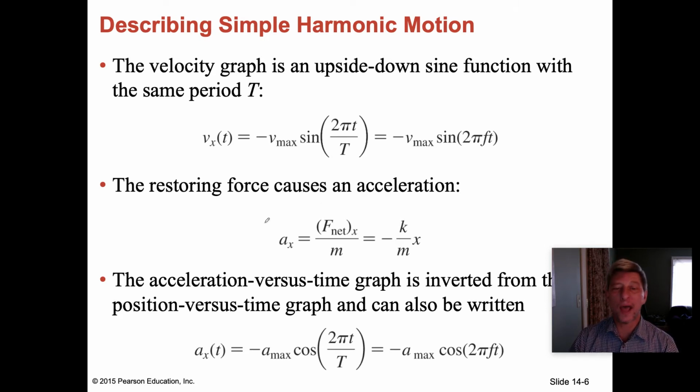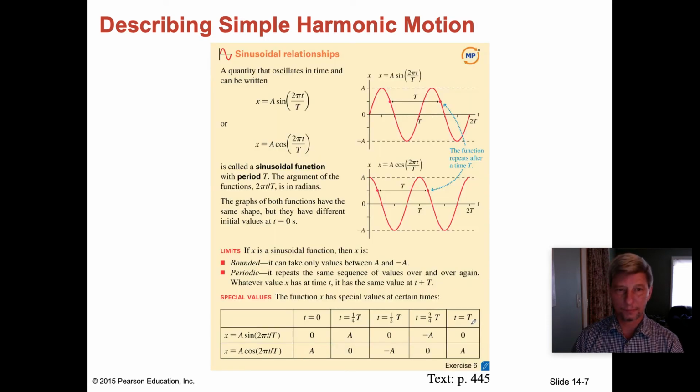We can then use that to calculate the acceleration because we know that F net over m is equal to a, or in the case of a spring, the spring constant over the mass times the displacement gives me the acceleration. And so therefore the acceleration is equal to negative A times the cosine of 2 pi f times t.